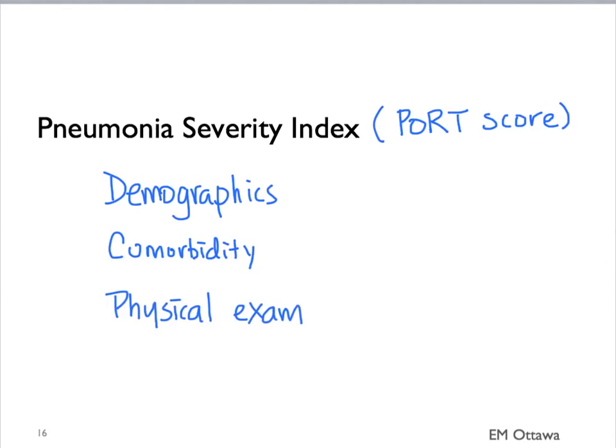On the physical examination, it looks for altered mental status, increased heart rate, increased respiratory rate, hypotension, and a high or low temperature. It also draws in multiple lab and radiological findings. Similar to the CURB 65 score, the higher the number, the higher the 30-day mortality. We won't go through each single item here, but I will refer you back to the blog for the other resources that discuss this tool.